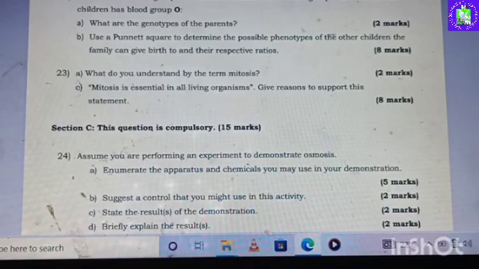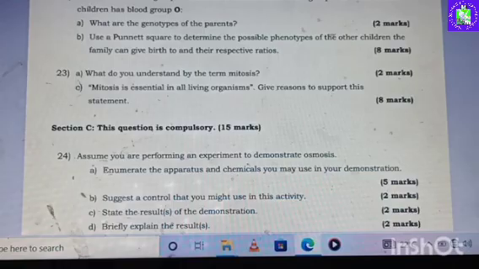For question number 24, that is section C, you attempt only one question. For that section C, we have what you call assume your performance. Any experiment to demonstrate osmosis. Remember, osmosis is the transport that occurs in the cell membrane. That is what you call passive transport.